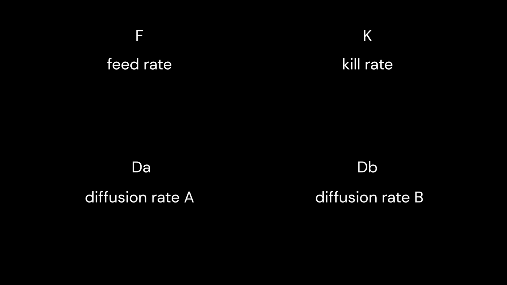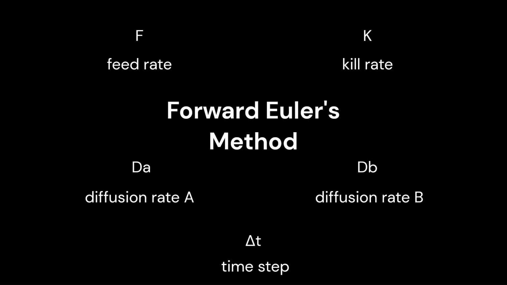The variables F and K correspond to the feed and kill rates, respectively, that are to be defined. dA and dB are the diffusion rates of chemicals A and B. The triangle T corresponds to our time step. Because these are differential equations, the forward Euler's method is used to render the system's evolution.